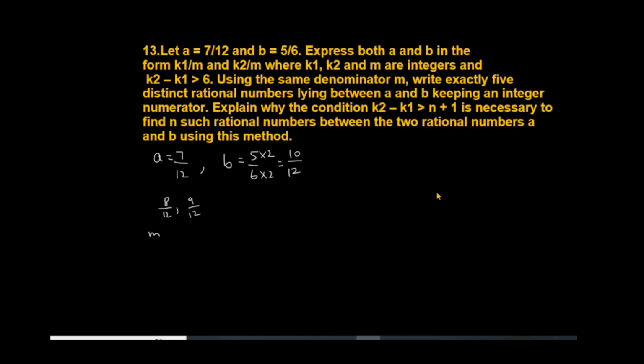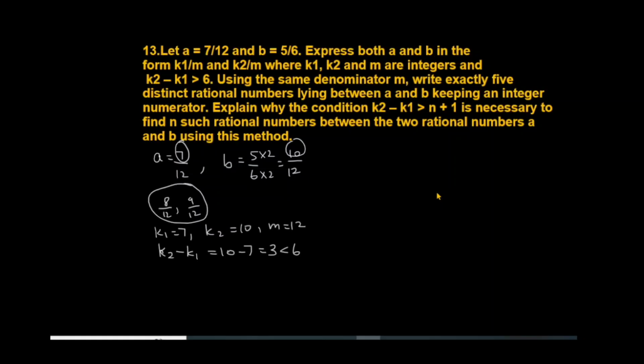Look here, k1 is 7, k2 is 10, and m is the common denominator 12. So the condition k2 minus k1: 10 minus 7 is equal to 3, which is less than 6. So we are getting only 2 numbers in between.